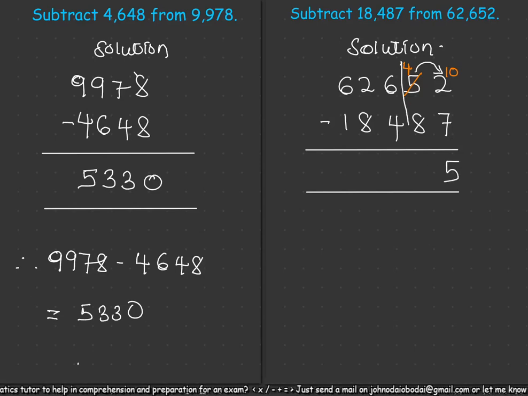Then we now come to this column. Take note, you have already taken out one of the 10s out of the 5 and you're left with just 4. And 4 minus 8 is also not going to work. So you are going to borrow 1 out of this column and bring it here. You see. So the one you are bringing here, you are borrowing it in the form of a 10.